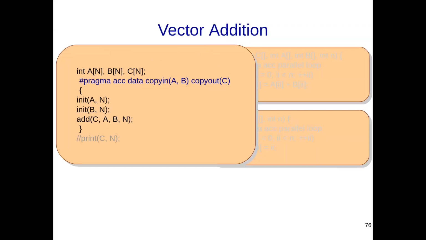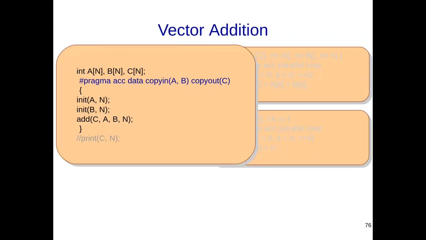Sir, I had another point. What if we did this int A of n, B of n, C of n inside the data region? If you do that inside, then we won't be able to specify these parameters here. Okay, so let's say my program looks like #pragma acc data copy out C, and then we do int A of n, B of n, C of n inside that.